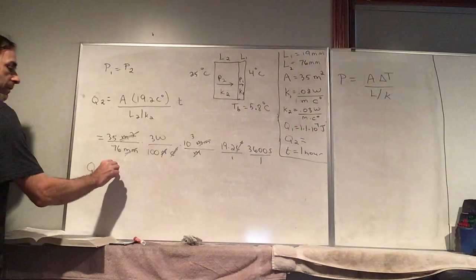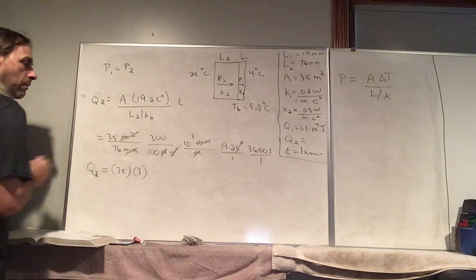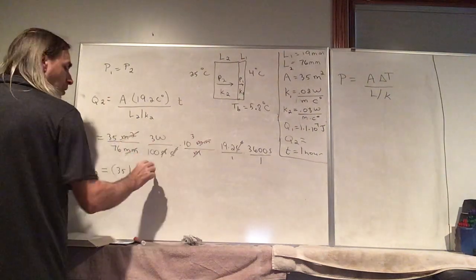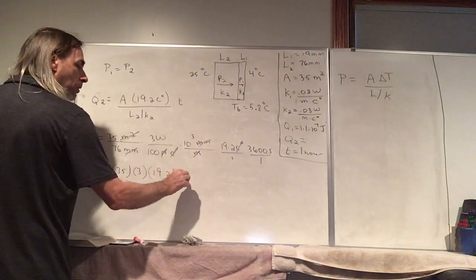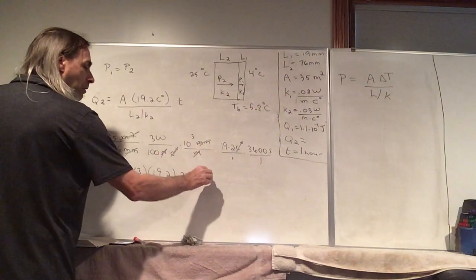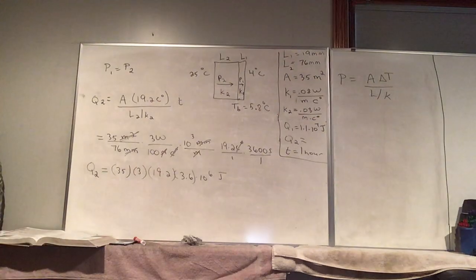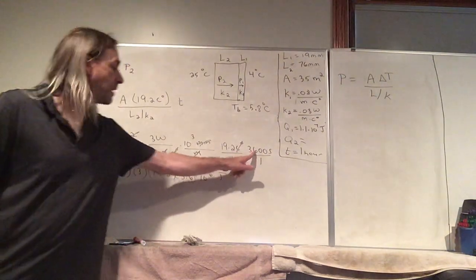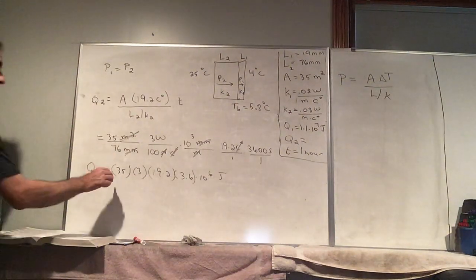So Q2 is 35 times 3, I'm going to leave this for a moment, times 19.2, and then times 3.6 times 10 to the 6. So here we have 3.6 times 10 to the third, and combine it with that 10 to the third.